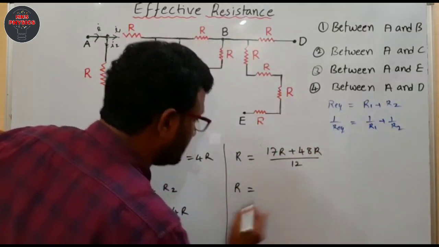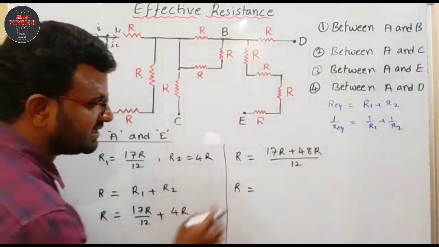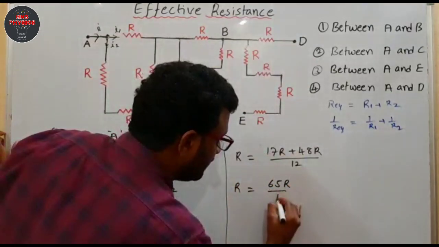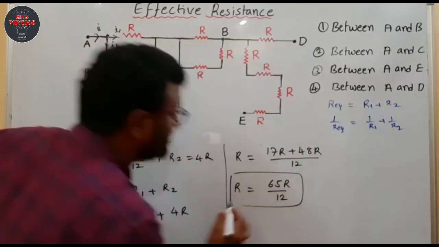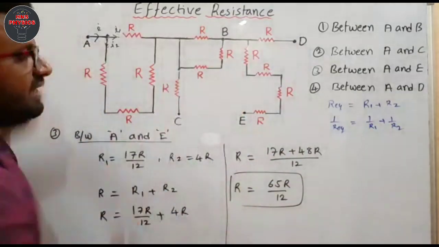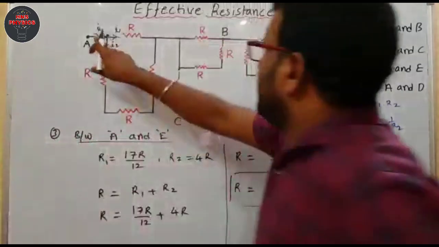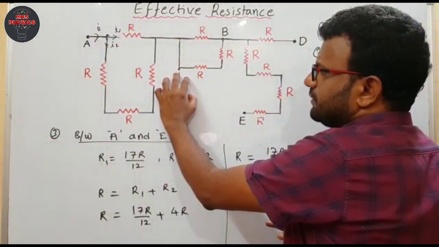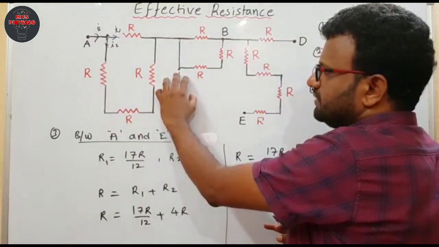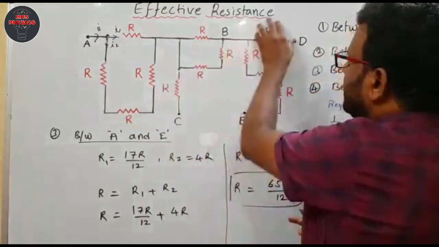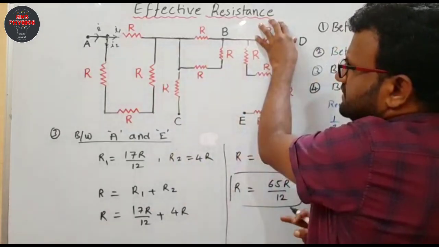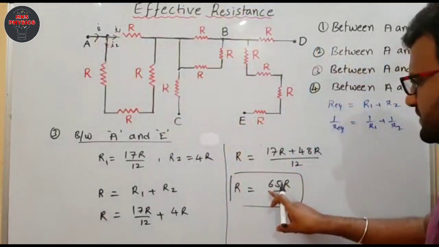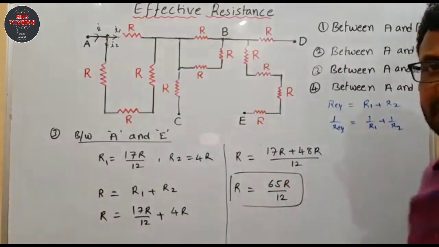Then the effective resistance is 65R by 12. So this is the effective resistance between A and E. Here the circuit will be open, there is no current flow through this resistor. Here also no current. So the effective resistance between A and E is 65R by 12.